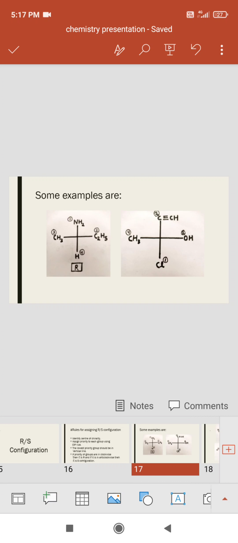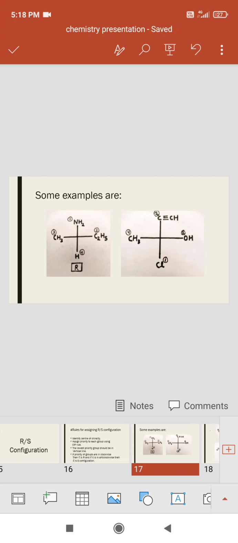Moving ahead, see example. In the first case, see nitrogen. We know that nitrogen has the maximum, meaning greater atomic number from all these, from carbon, hydrogen and this. So NH2 gets the more priority.